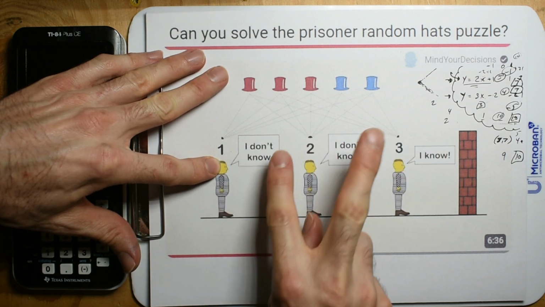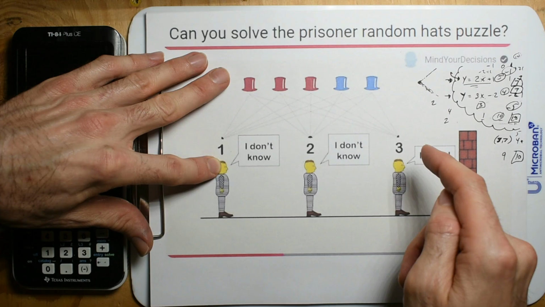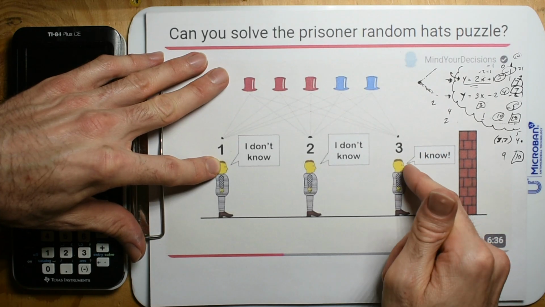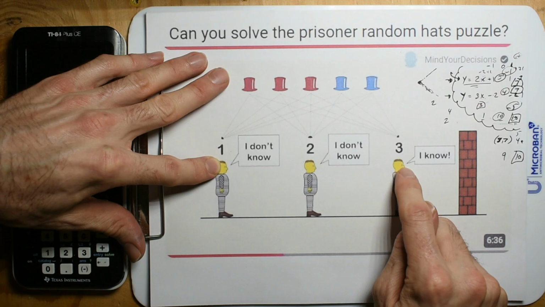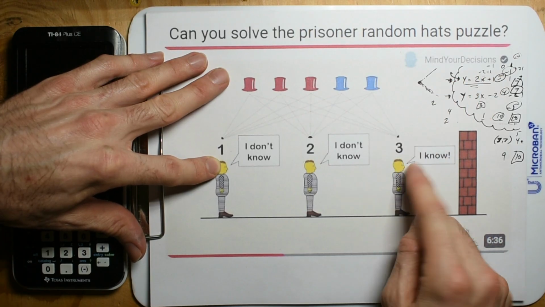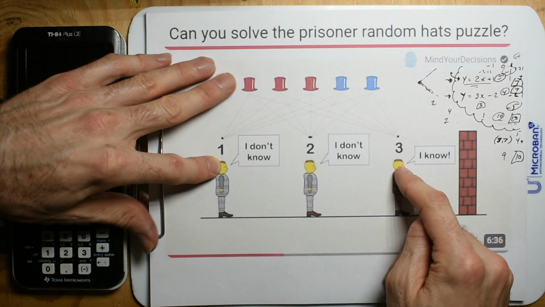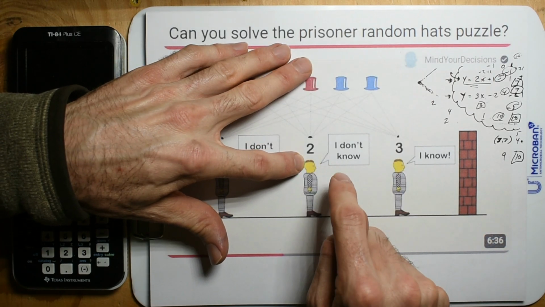So in that scenario, if prisoner 2 sees a blue hat on prisoner 3, even just one blue hat, I mean, that's all prisoner 3 can have, is just one blue hat, prisoner 2 would say, I know.